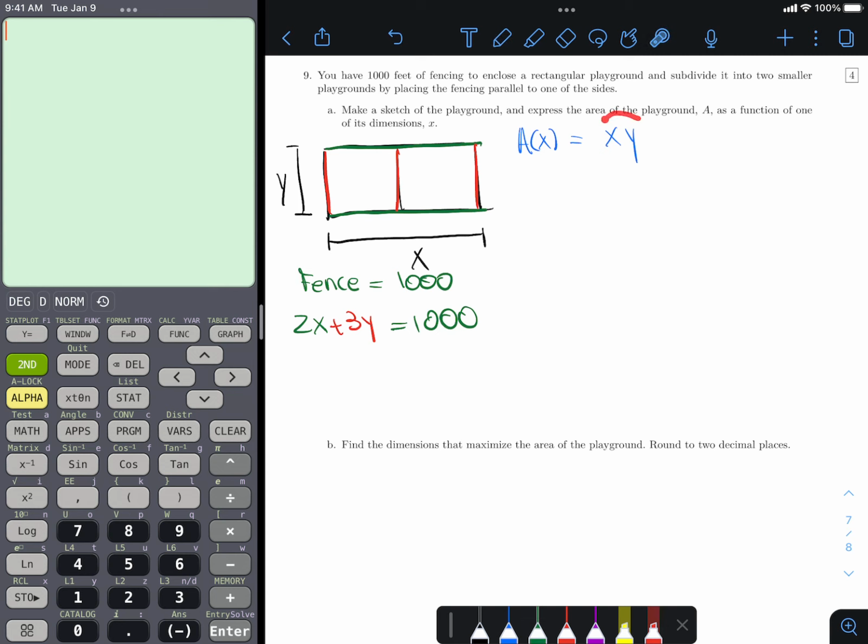Remember that I want to find y so that I can replace it back here. So I want to solve for y equal to something. So move the x over, divide by 3. Maybe I could keep it like this. It's fine that way.